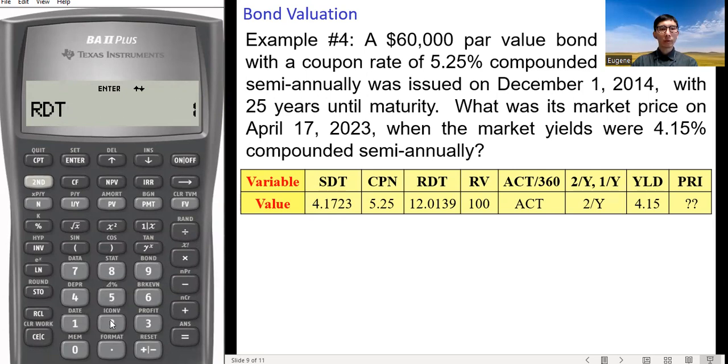RDT 12.0139. RV is 100. Day count method ACT. Coupon per year, 2Y.